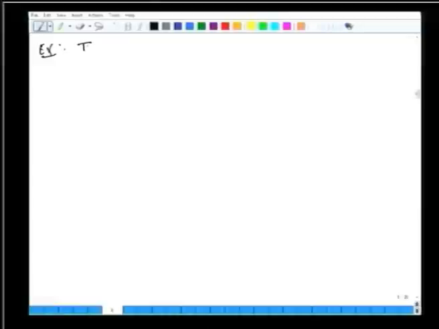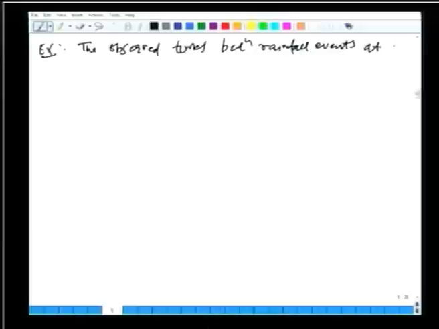The observed times between the rainfall events at a given location are given as follows.